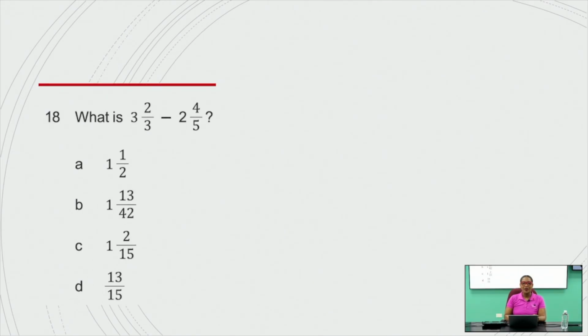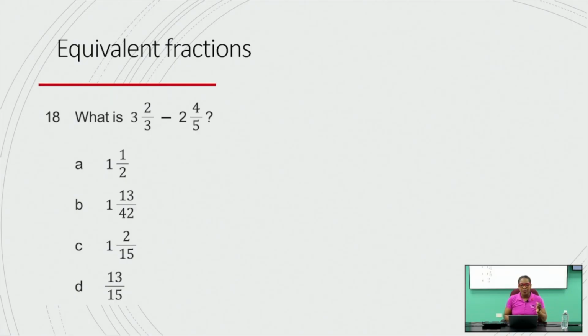So we are moving on to question 18. What is 3 2/3 subtract 2 4/5? As you can see, once you're doing any form of addition or subtraction, the operations must take place with the same denominator. What I mean is the same proportion.